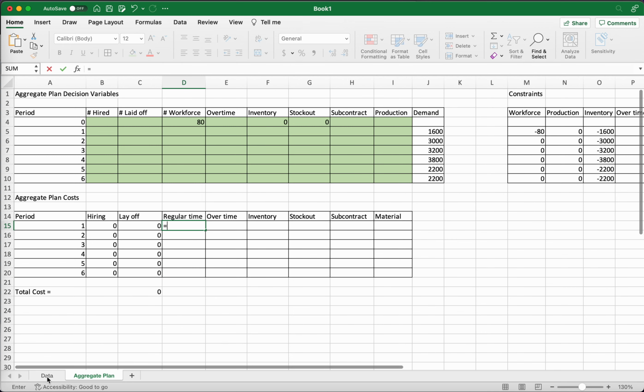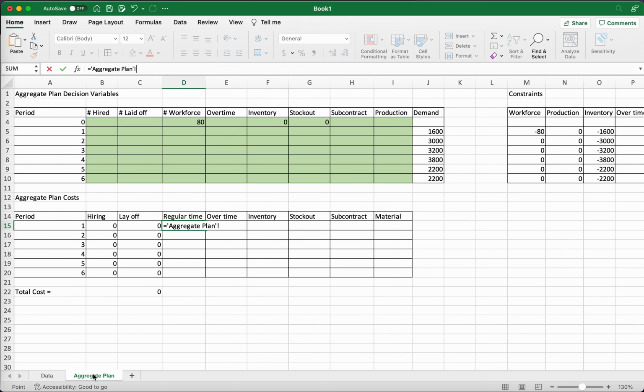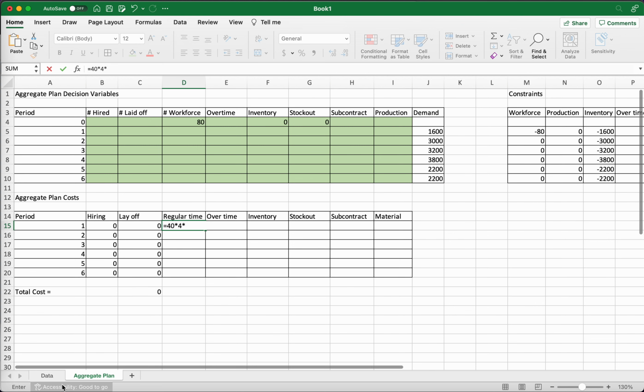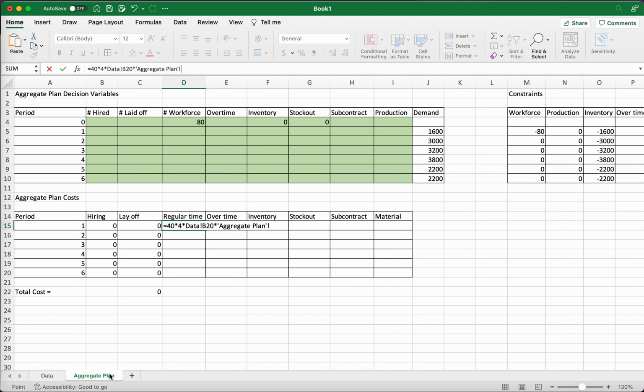So how did we calculate that? $640: it is 40 hours a week times 4 weeks, so that's 160 hours total, times the amount of money that you pay them, which is $4 per hour, times the number of people on your workforce.